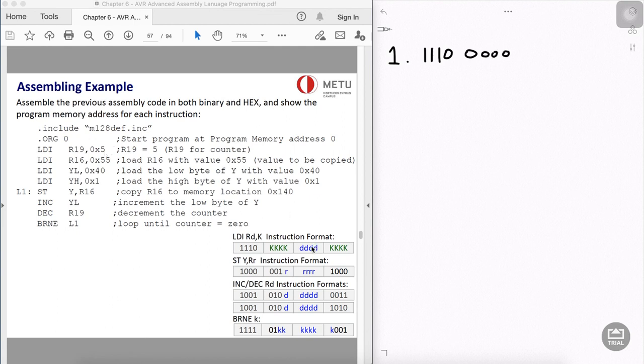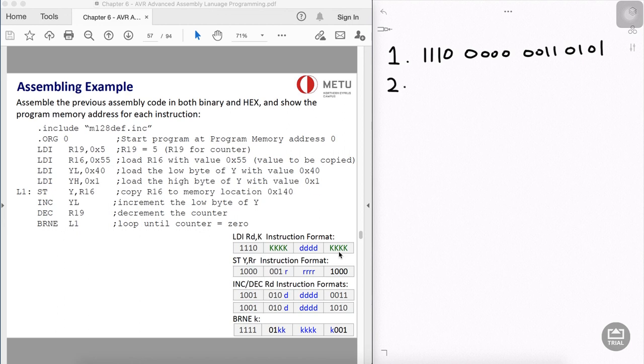And then we have the destination. Destination is 19. Now 16 is 000, so 19 is 3 plus that, so 0011 will give us 19. And then the rest of K is 5, so 0101. So that's done. That's LDI instruction number 1.